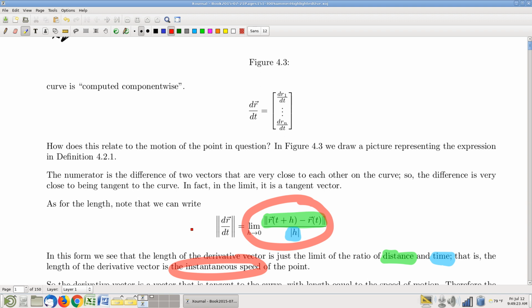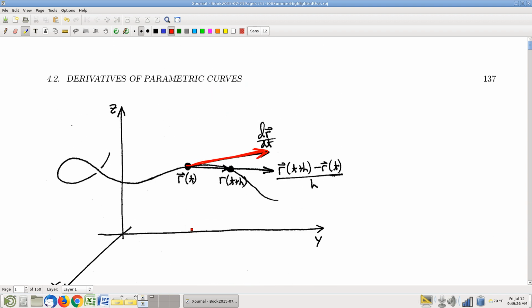Okay, so our vector here, this derivative vector, is a tangent vector to the curve, so it's pointing in the direction that the curve is going. Its magnitude is equal to the speed that it's going in that direction. And now I rewind us back to day 1 of this course. A vector that points in the direction you're going and whose magnitude is equal to the speed, that's the definition of the velocity vector. Right?